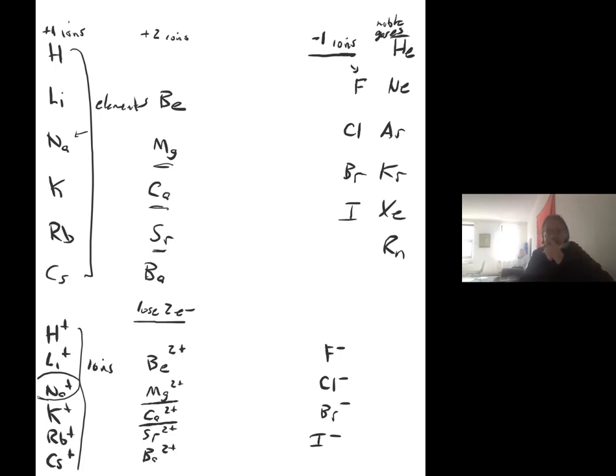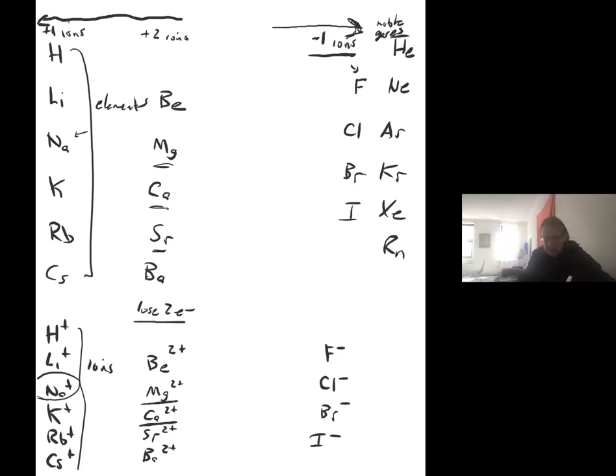But notice these are negative ions, right? So on the left side of the periodic table, they're positive, which means they lost electrons. On the right side of the periodic table where the nonmetals are, they're negative. So that means they gained electrons. The electron is negative. So if you gain an electron, you become negative.